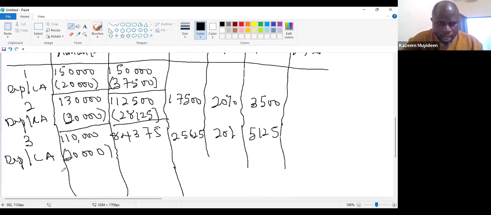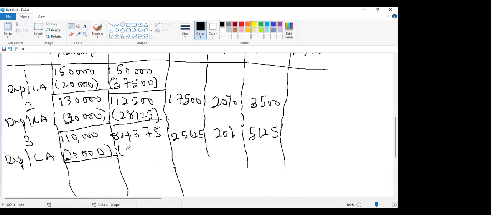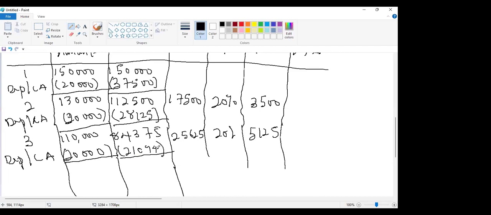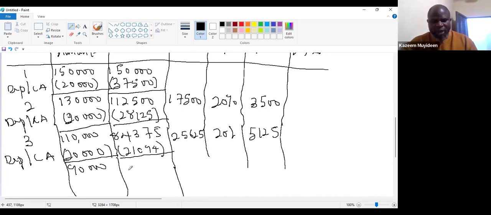What is the capital allowance in year 3? 21094. So this will give us 90,000. Well, 84375 minus 21094, what is it going to give us?